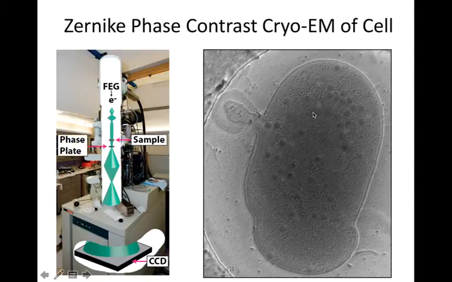The physics behind this is similar to Zernike optics, where the scattered wave and the unscattered wave of the electron have a phase shift of 90 degrees, which is responsible for such a contrast enhancement.